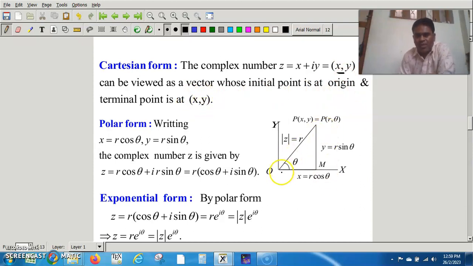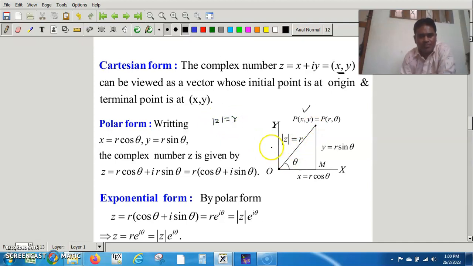Suppose this is the coordinate system with x and y axes. The point (x, y) is called P. Then the distance from the origin to the point P is termed the modulus of this complex number. Suppose OP equals r, so mod of z is nothing but r.